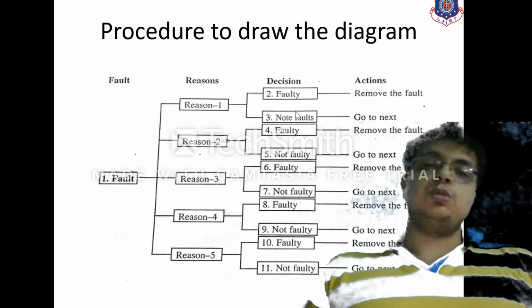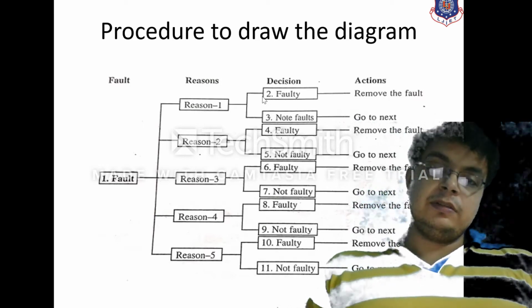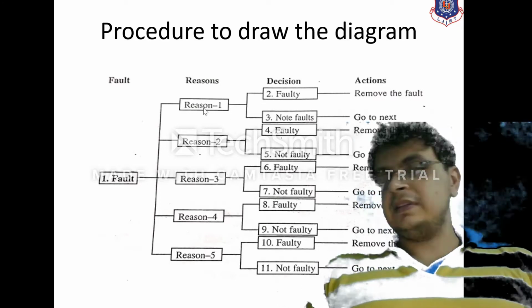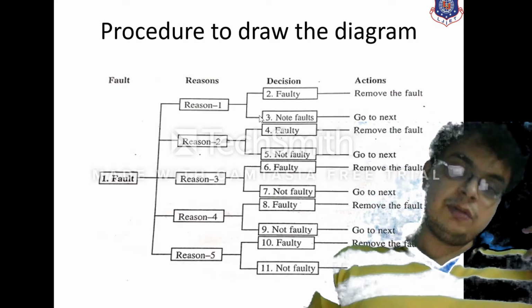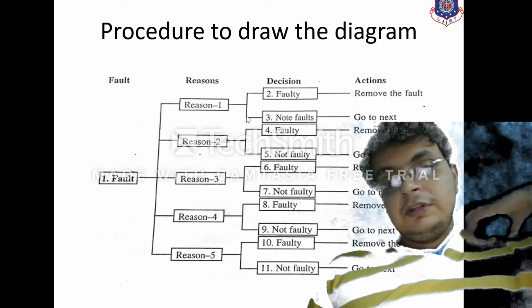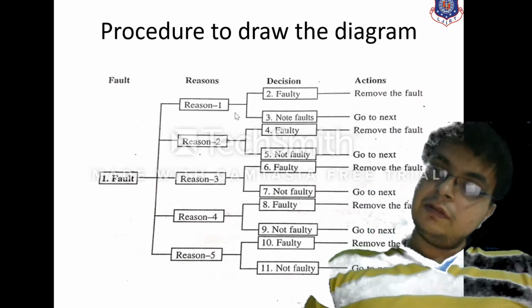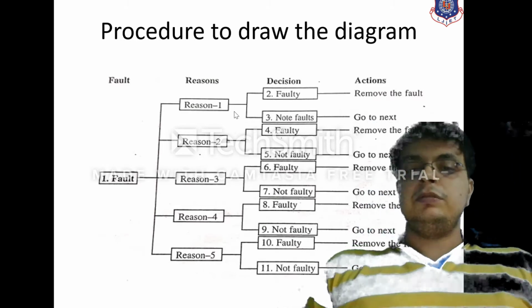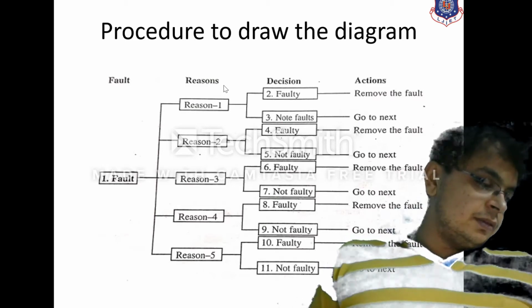So this type of diagram should be made. For the fault, we should know whether reason 1 is faulty or not faulty. Reason 2 is faulty or non-faulty, that should also be known. Reason 3 is faulty or non-faulty, and reason 4 is faulty or non-faulty, that is also required to be known.